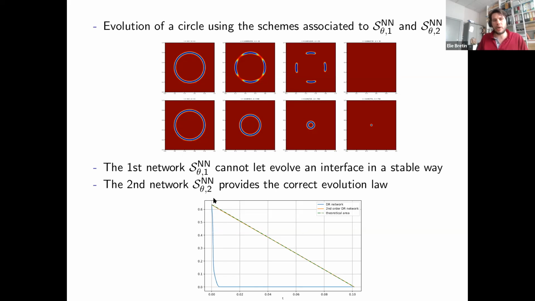If you now plot the law of the radius, you will see that it satisfies the right law. So this example shows that the second order neural networks are able to approximate this kind of evolution in the non-orientable case.